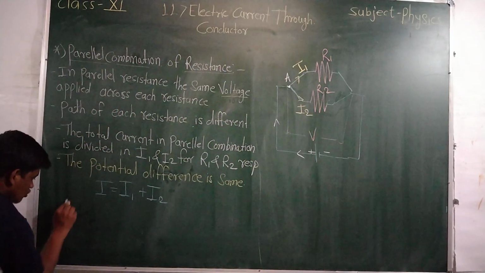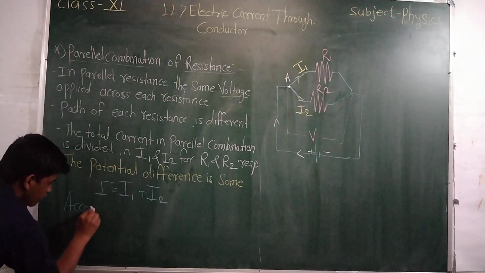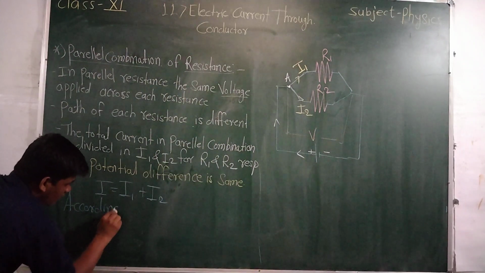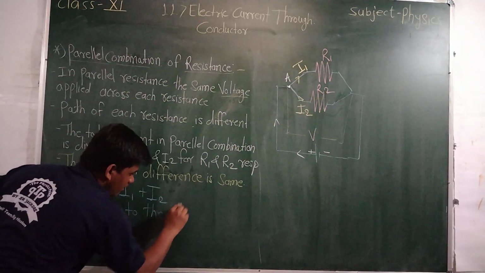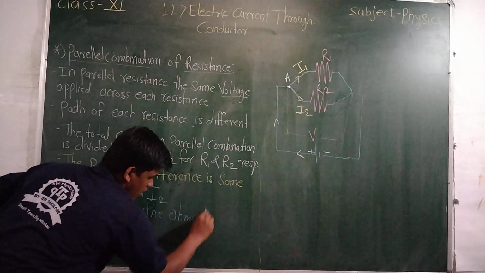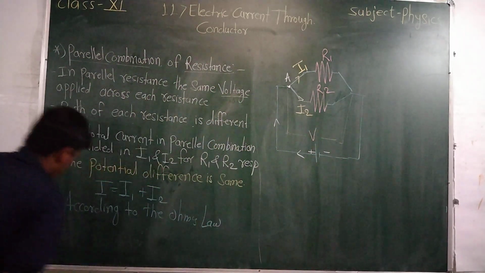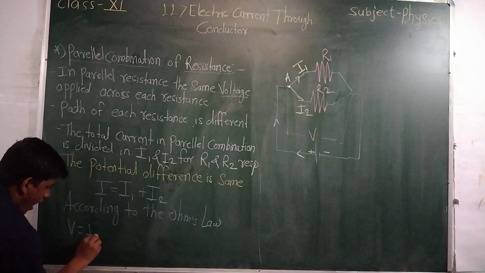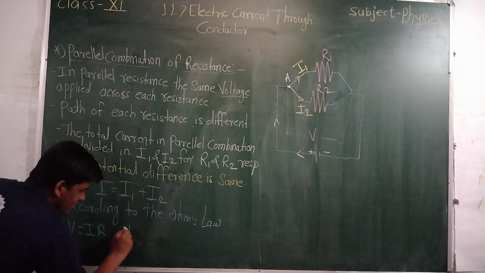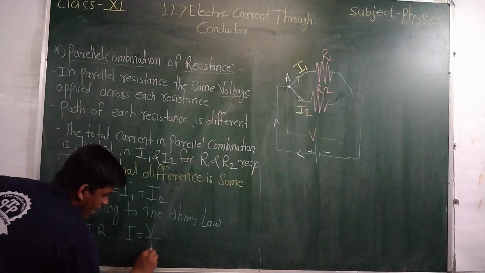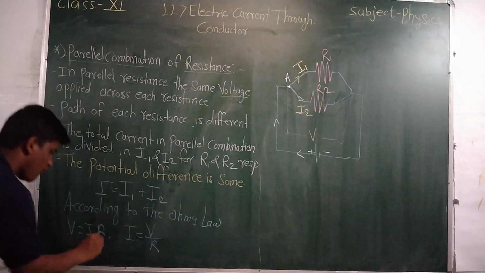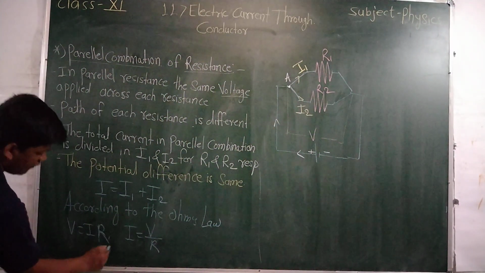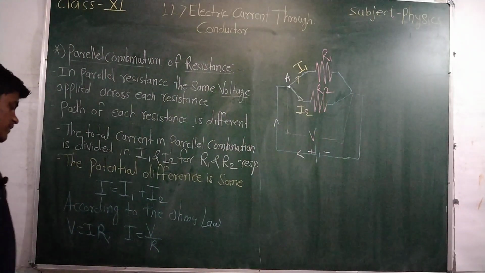According to Ohm's law, V is equal to IR and I is equal to V divided by R. These are both Ohm's law and its rearranged equation.